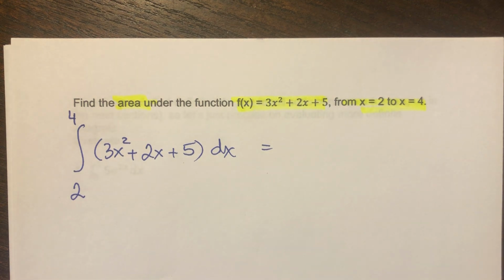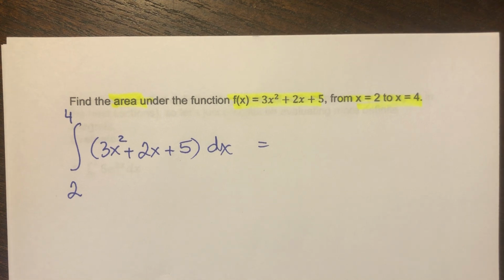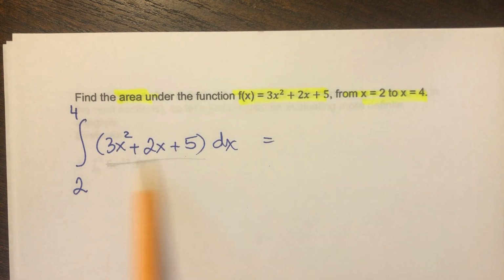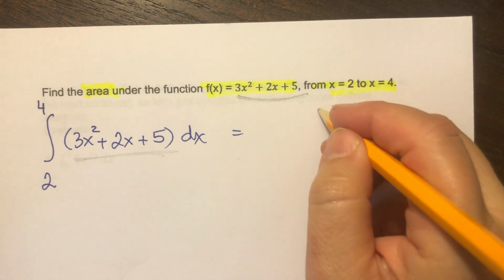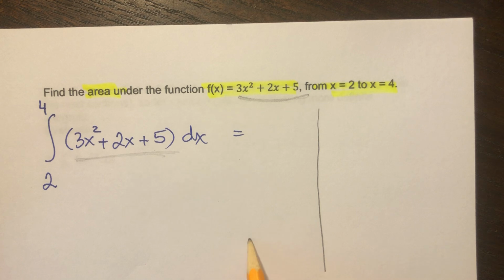Okay? Now, I just want to give you still an idea of what this area might look like. We won't be able to find it, which is also why I want to show it to you. If you guys remember, what is the shape of this function here? This function here is a parabola, right?